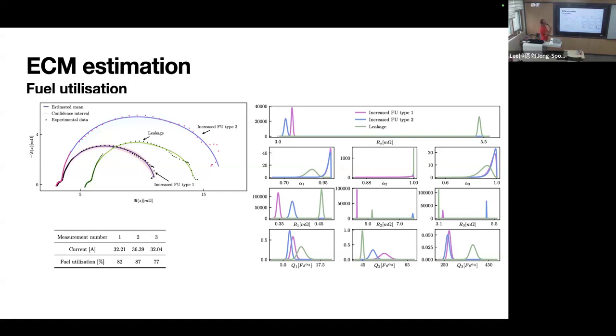And on the right-hand side, you can see the differences in the model parameters. Because we have here probability distribution functions, we can use any form of comparison among PDFs to see statistically significant changes. Some of them are extreme, but some of them are rather close, and you can quantify them. Are they sufficiently different or not?